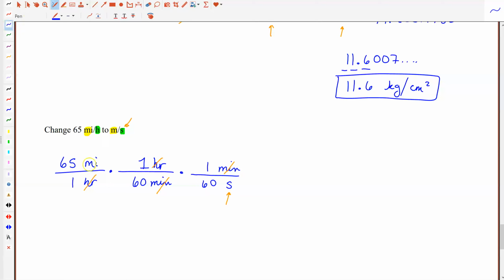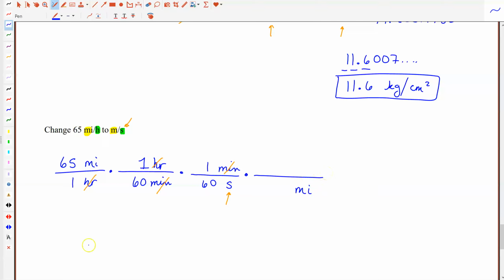Now let's go ahead and convert out my miles to meters. Okay, so my miles have to go on the diagonal of where it is. And if you happen to know how many meters there are in a mile, you can use that right away.